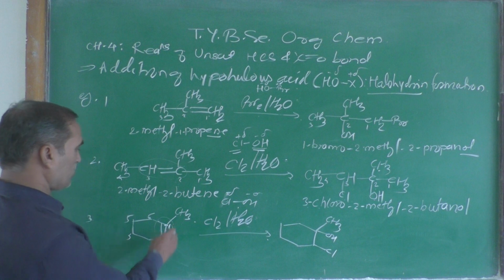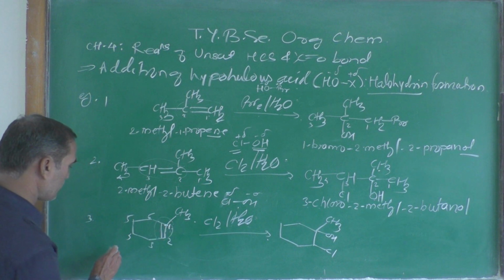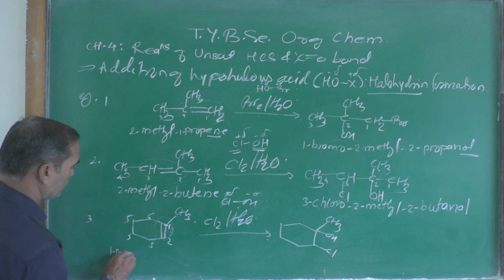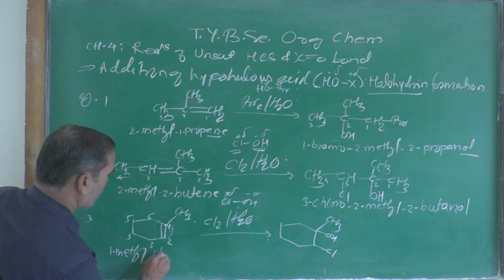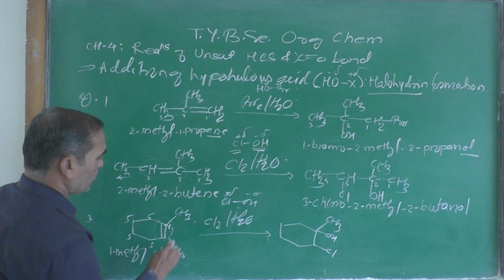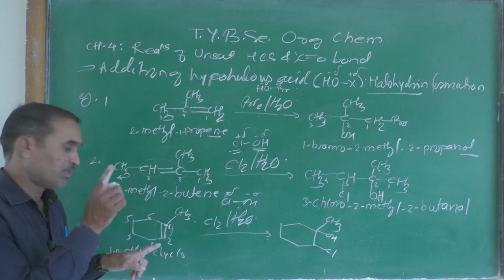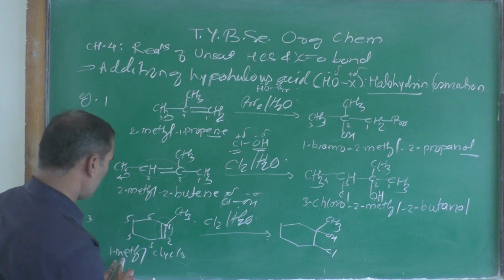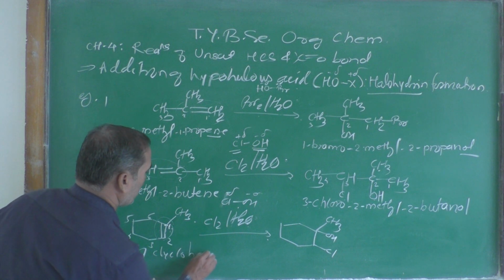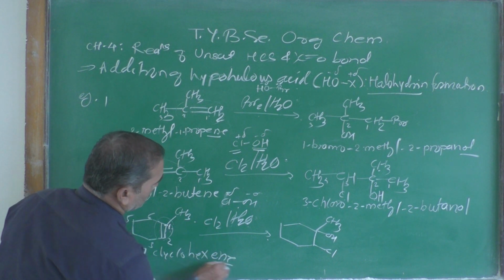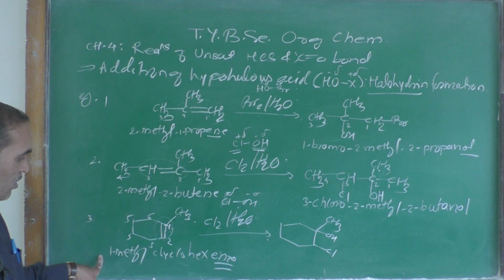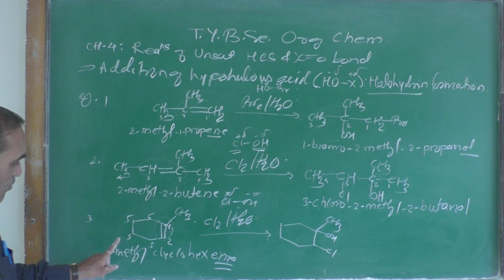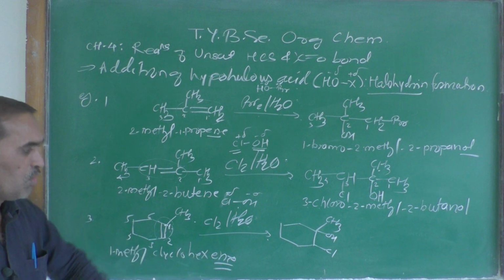At one position a methyl group is there, and therefore we can call it 1-methyl. A cycle is there, so cyclohexane, but a double bond is there, so 1-methylcyclohexene. The last suffix, ene, clearly indicates there is a carbon-carbon double bond. This is the IUPAC name of this compound, 1-methylcyclohexene.